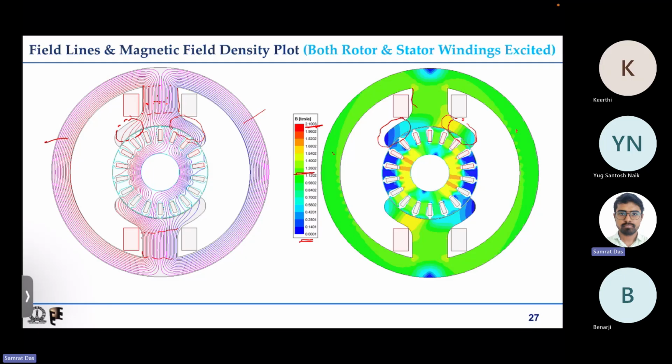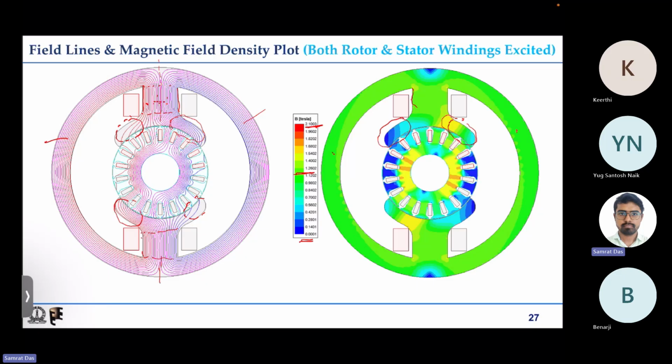And you can see on the bottom side also, the left side gets more dense with flux lines, whereas the right hand side gets weaker. And in the rotor, what happens? If you try to plot the axis, obviously the axis will get tilted as you go ahead.